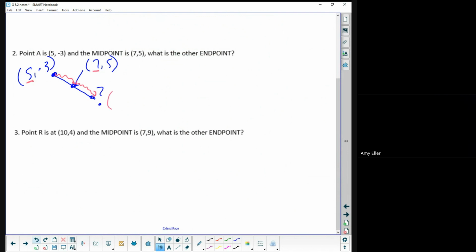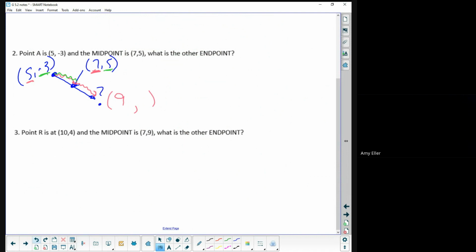So what is up 2 more from here? 9. I know my picture isn't going up. That's okay. It's just like sort of a visual to look at. It's not really to scale. Let's look at the y values. I'm at -3. I'm going for a walk to get to the middle, and I end up at 5.